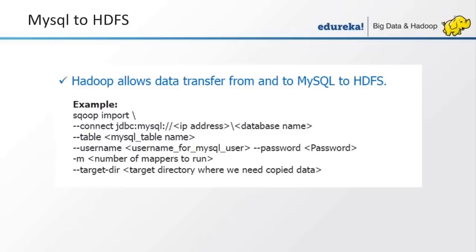Username and password are to access the MySQL table, and through the m keyword you can specify the number of mappers that you want to run. The target directory is the directory in HDFS where you want this RDBMS data to be copied. Okay, so before we run this.